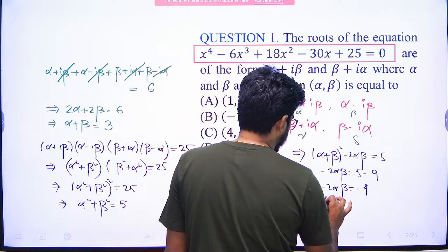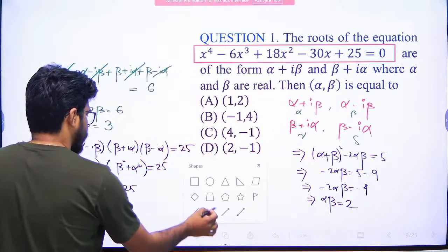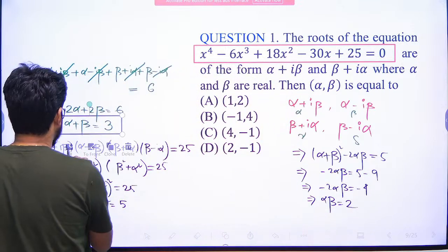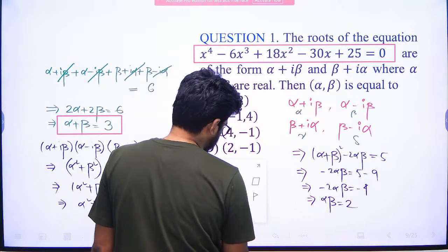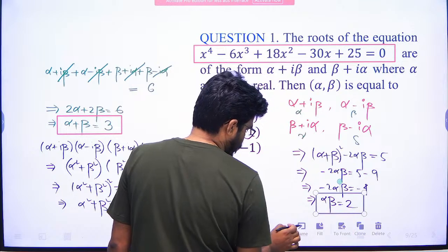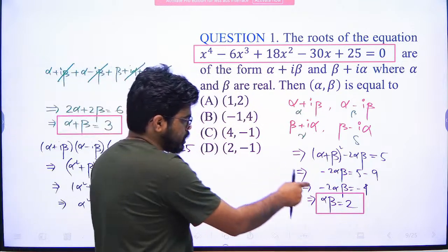So alpha beta is equal to 2. So we get the sum of the roots is 3 and the product of the roots is 2.